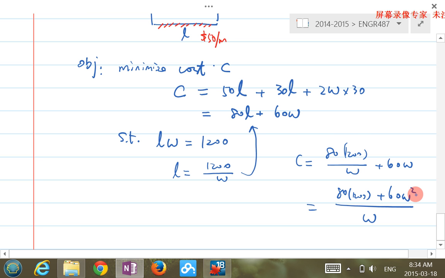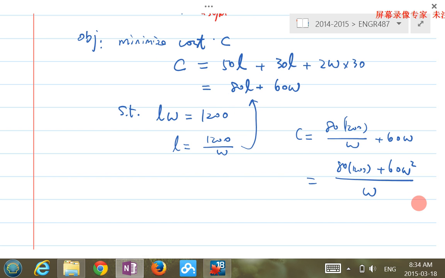Since W is a positive number, to minimize C we need to focus only on the numerator, which is a quadratic term. So you can plot it out and find W. So you can use simple substitution to solve this kind of simple problem.